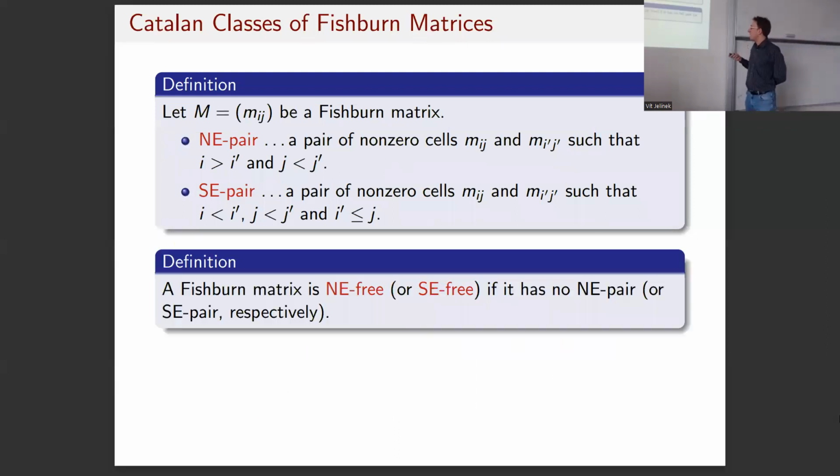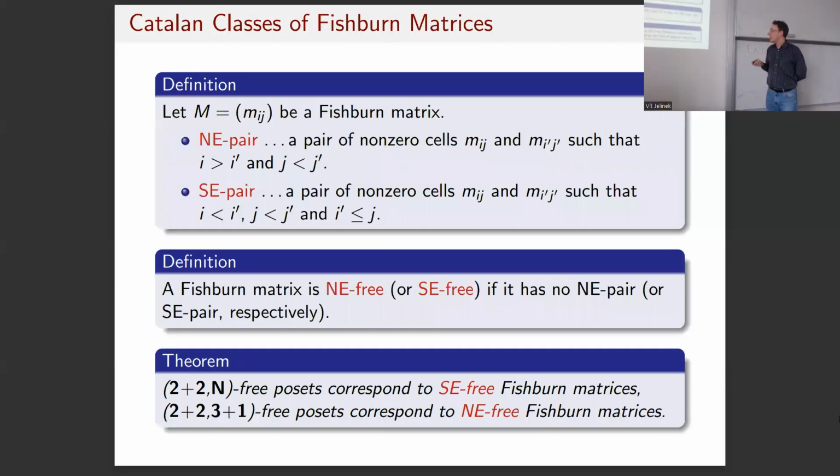And I will say that a matrix is NE free or SE free if it has no NE pair or SE pair respectively. And when you take this translation between matrices and interval orders, it turns out that these two Catalan families correspond to the two families of matrices which I have just defined.